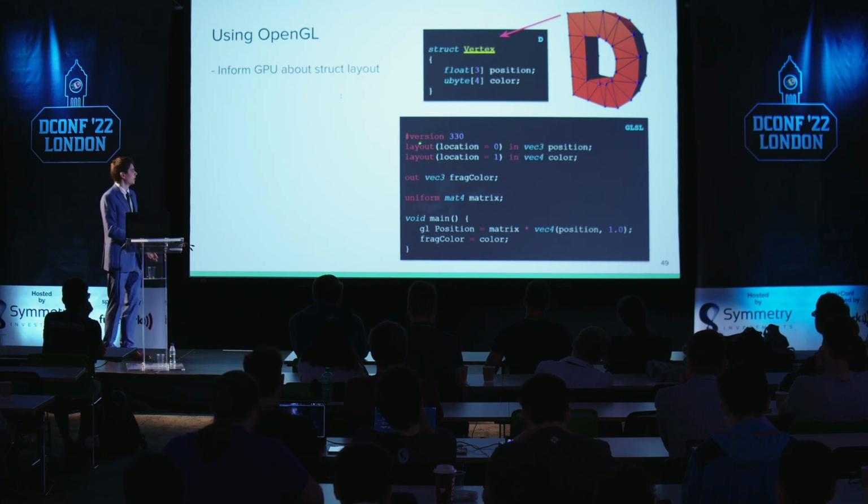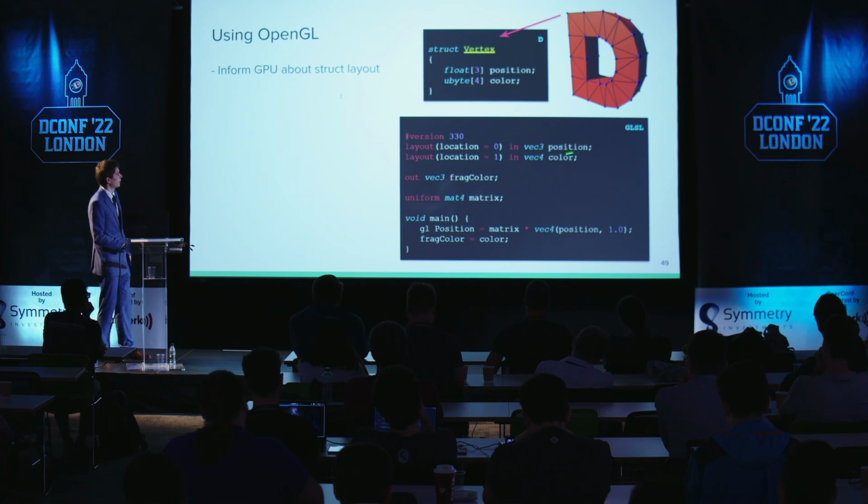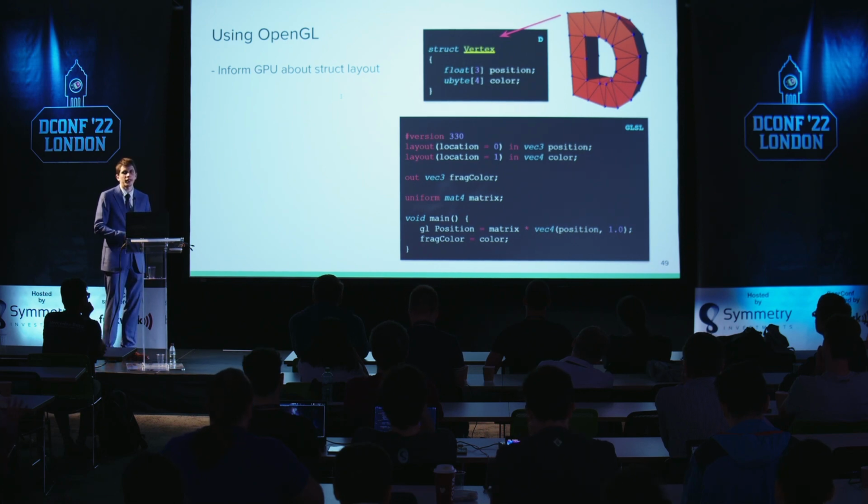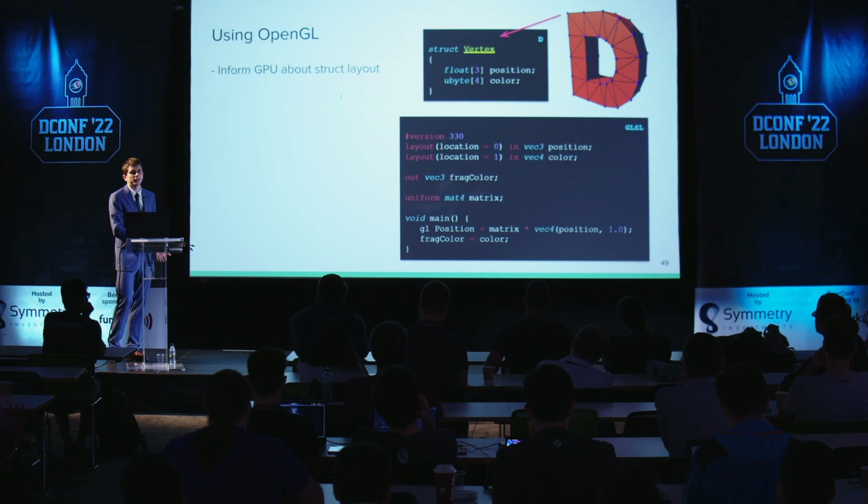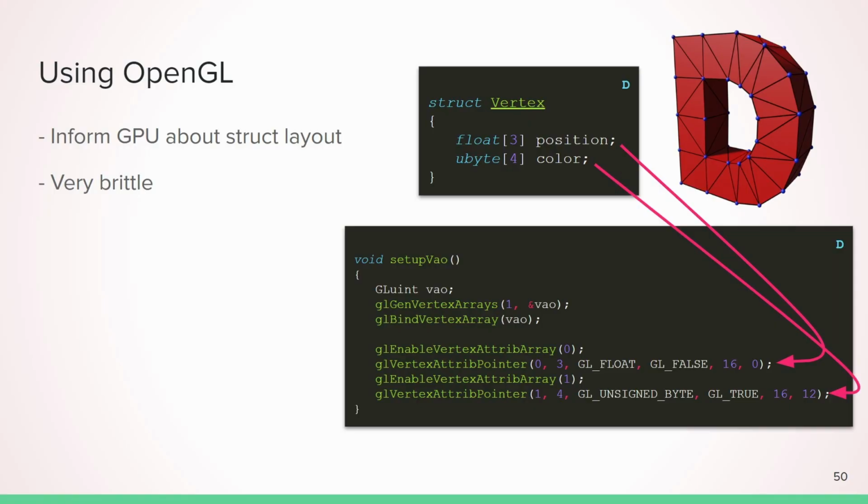But how does GLSL know? It expects these attributes. How does it know our actual struct layout that we use in D, and the data that we send to it? That's what you do with function calls. You have to define a vertex attribute array which describes all the attributes.